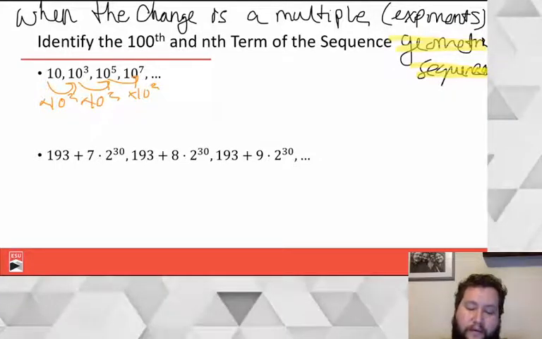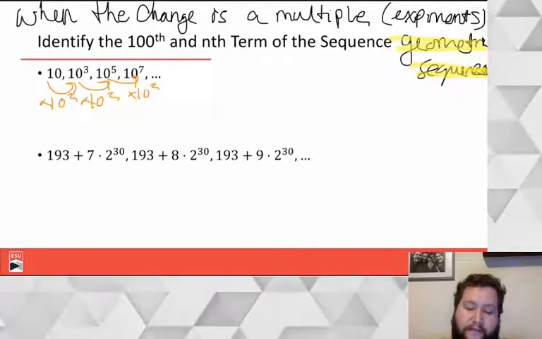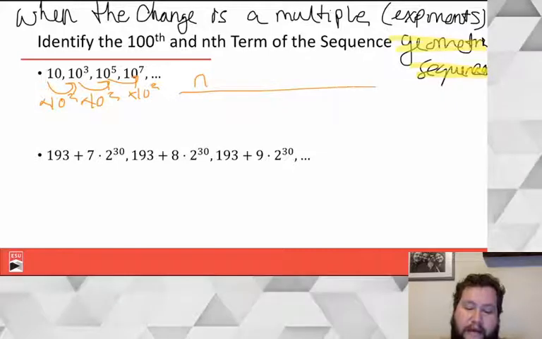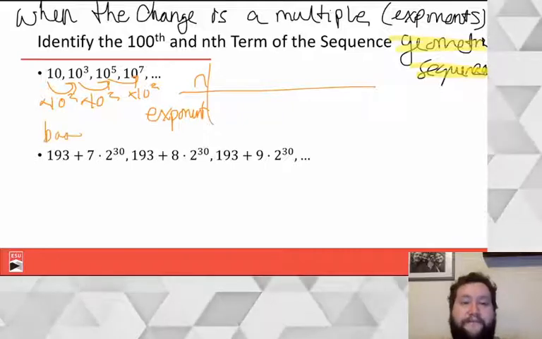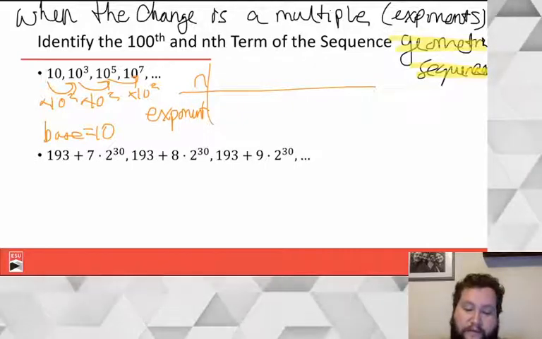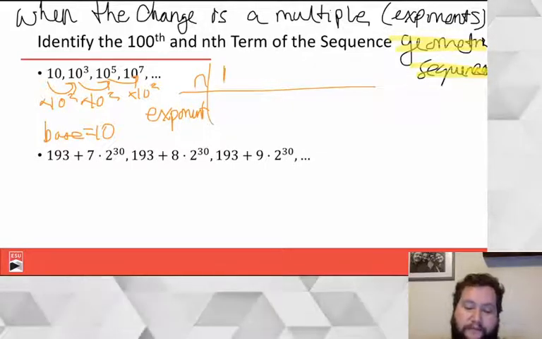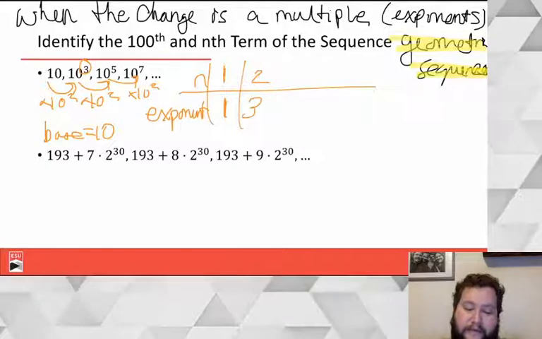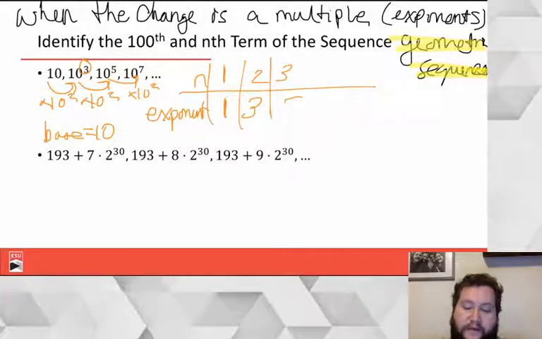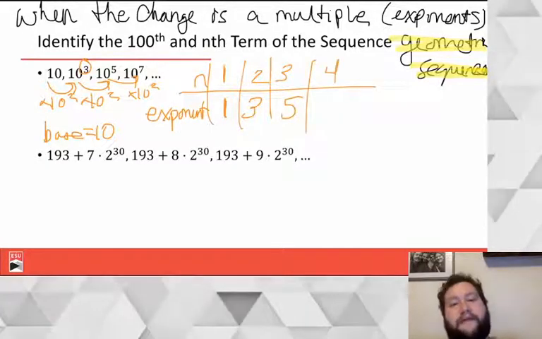But now, I'm just going to write n and my exponent, because my base is 10, right? So when n is 1, my exponent is 1. When n is 2, my exponent was 3. When it's 3, my exponent was 5. When it's 4, my exponent is 7.